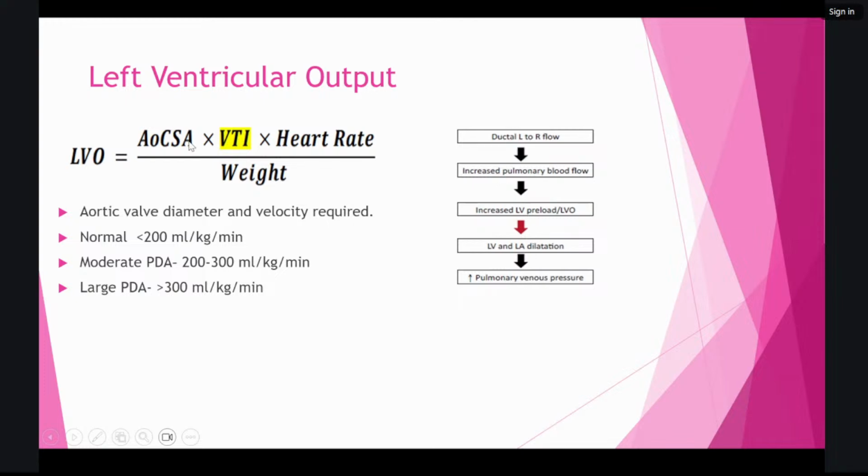And the formula is aortic cross-sectional area times the VTI times heart rate divided by the weight. So the pathophysiology is that the ductal left to right flow leads to increased pulmonary blood flow, increased LV preload, LV and LA dilatation, and increased pulmonary venous pressure.